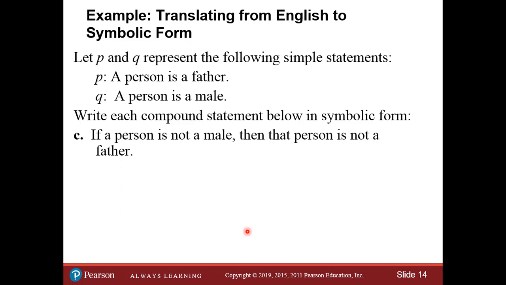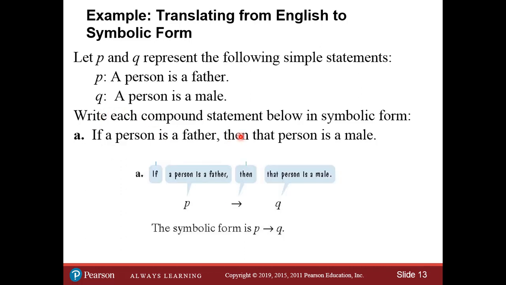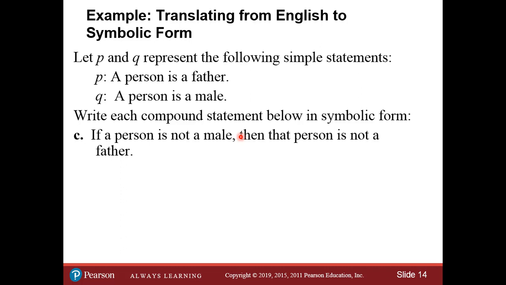Okay, now what about, oops, did I miss one? Oh, I guess it jumped to C. Okay. So it says here, if a person is not a male, then the person is not a father. So if a person is not a male, then that person is not a father. So this would say not male. So this says a person is a male.